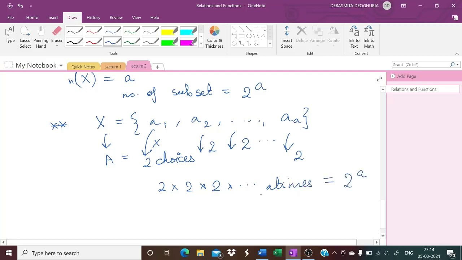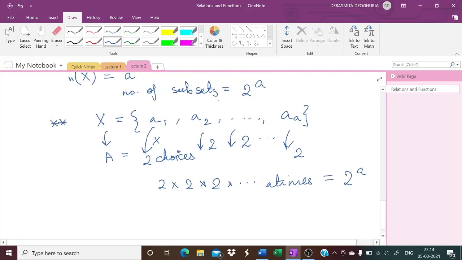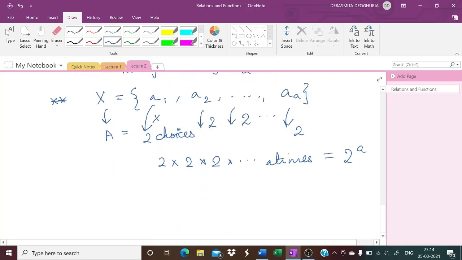So that's how a subset is formed, and that's why the number of subsets of a set is 2 to the power a. This is how the formula comes. There is also one more way to derive this formula by using binomial expansion, but I don't know whether you know that or not, so let's skip that, because if I say it, you won't understand.